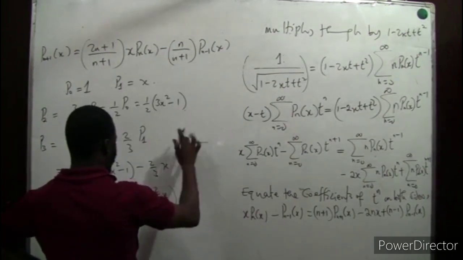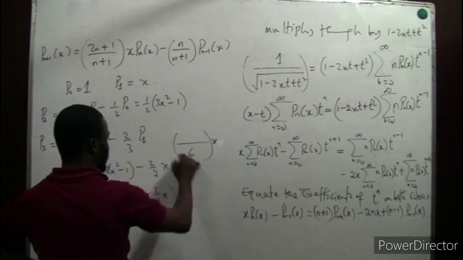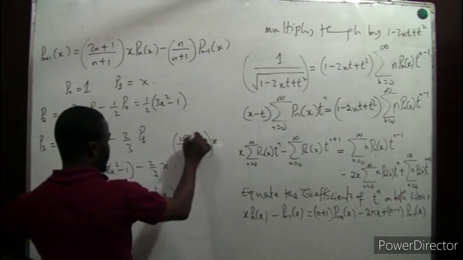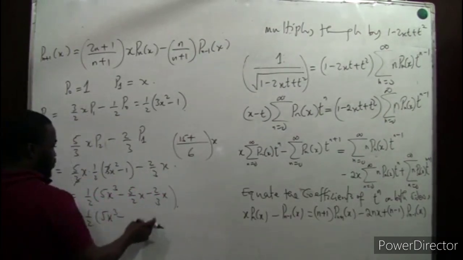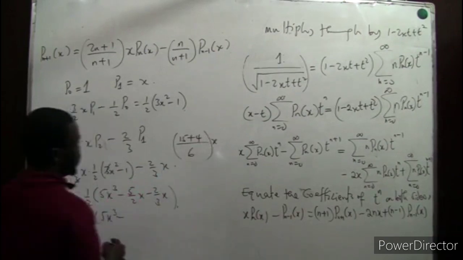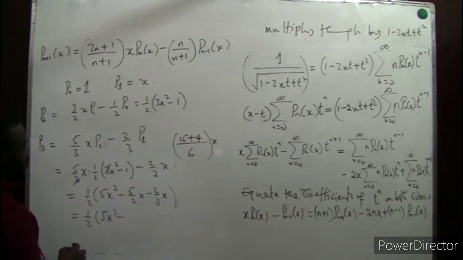Then x is also common, so I factor out this. This is 3 times, that is 15 plus 4. And what do we have? We have 19.